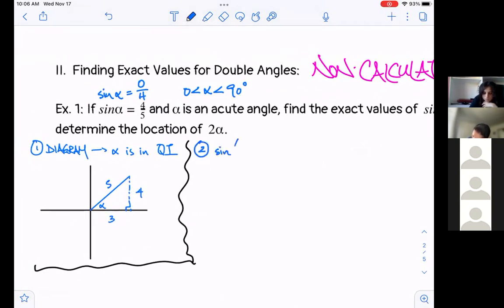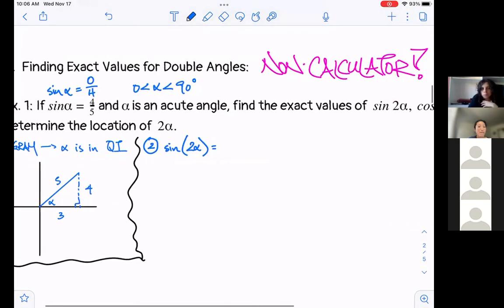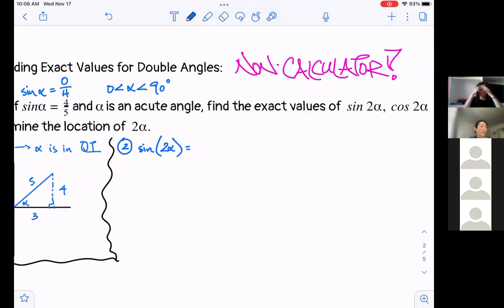Sine of 2 alpha equals, someone give me the formula that we just wrote down for sine of 2 alpha. It's 2 times sine alpha times cosine alpha. Beautiful. All right, so we have 2 sine alpha, cosine alpha.